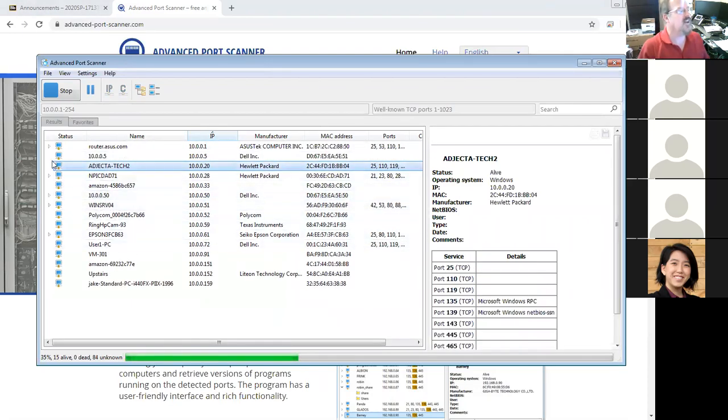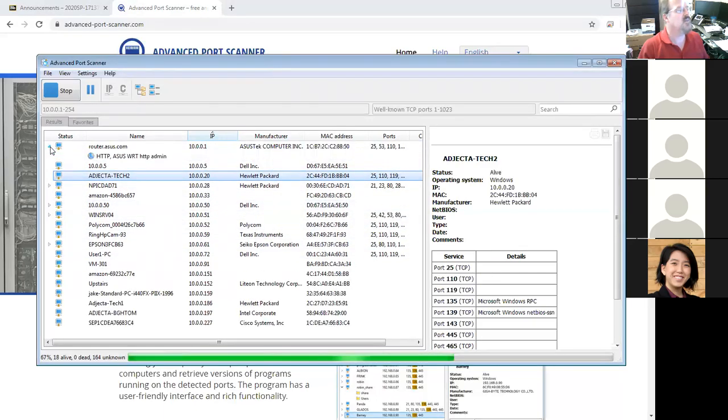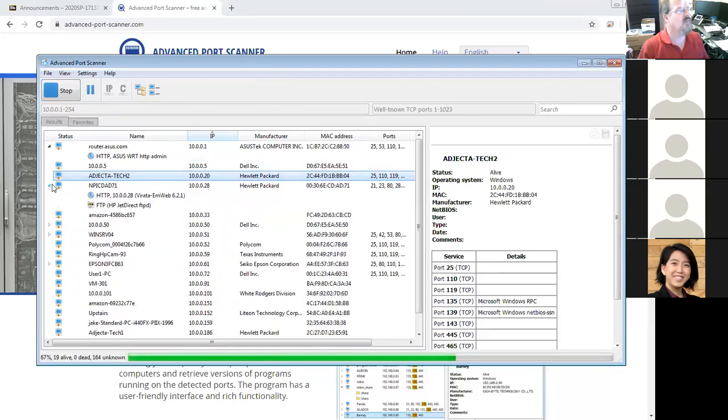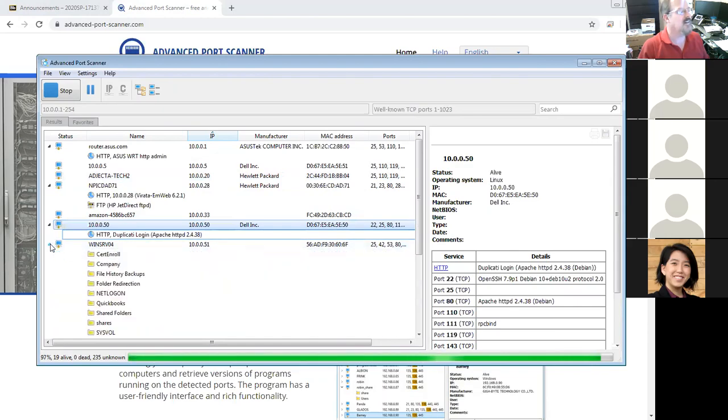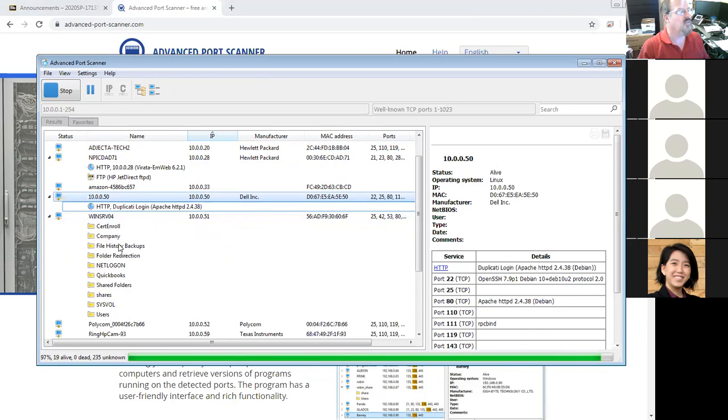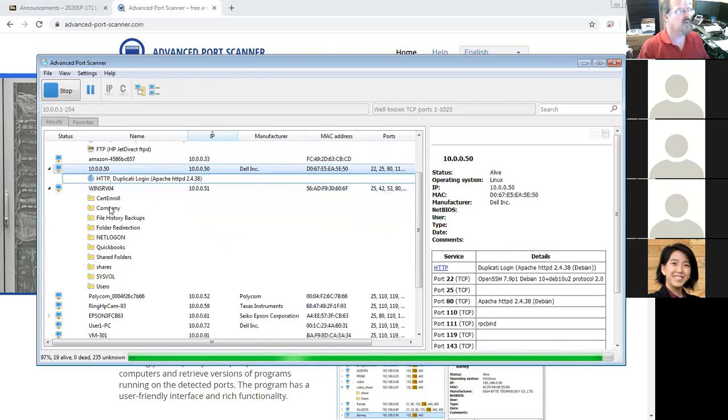And this is telling me not just that I've got machines running at these IP addresses, but it also tells me what services are running. So this machine, whatever that is, has both HTTP and FTP running. This machine has only HTTP running. This is my Windows server, so it's got a whole bunch of stuff running on it on different port numbers.